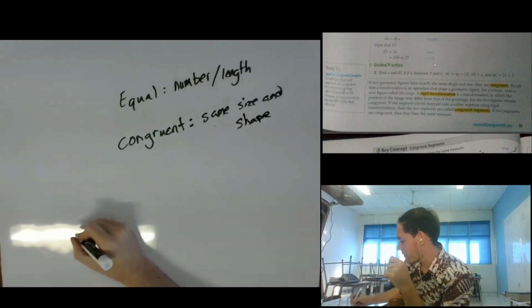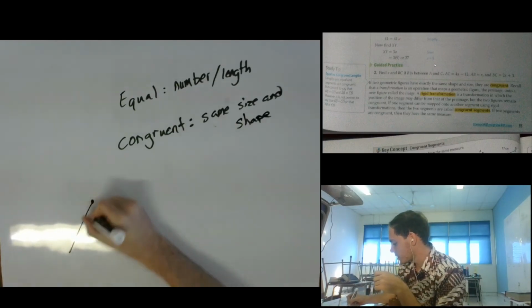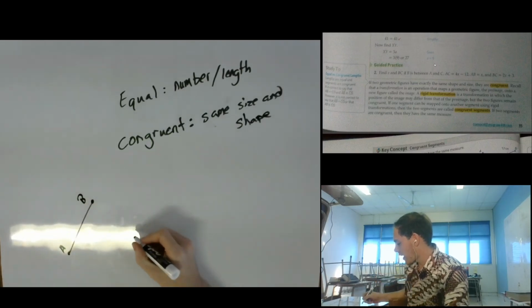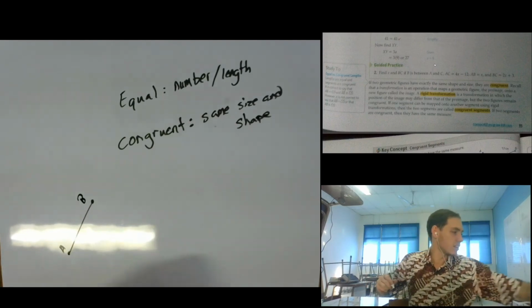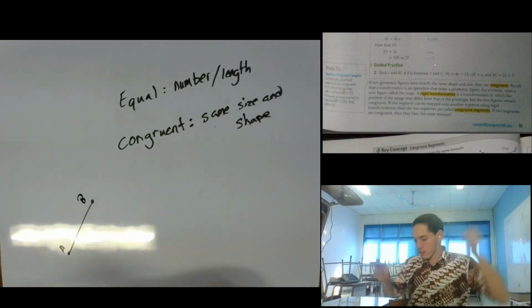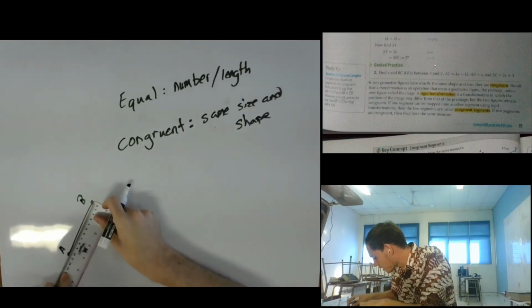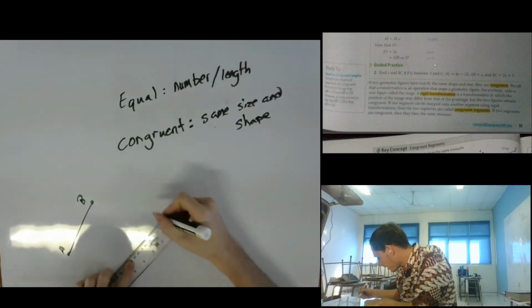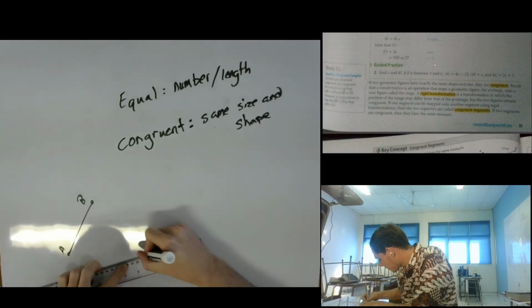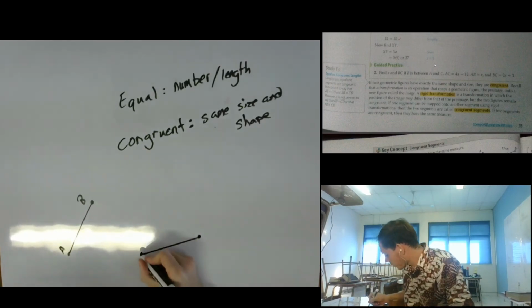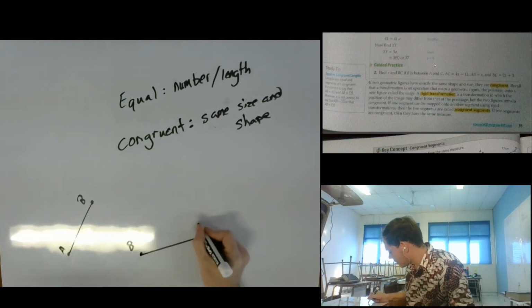Congruent does. So if I create a line, this line AB, and I have another line, let's use a straight edge, I create the same equal line, or same congruent line. And I say BC.